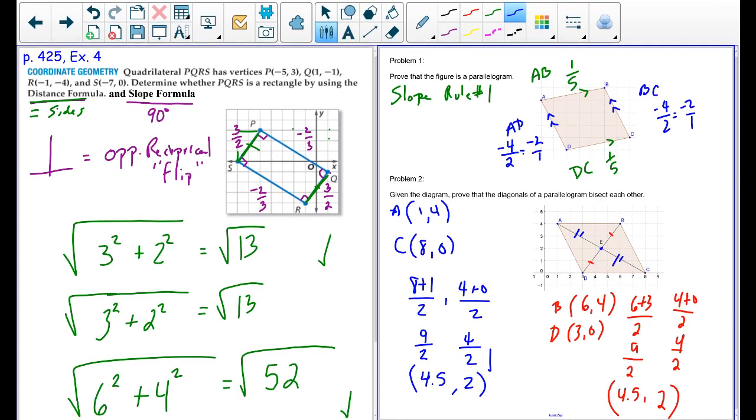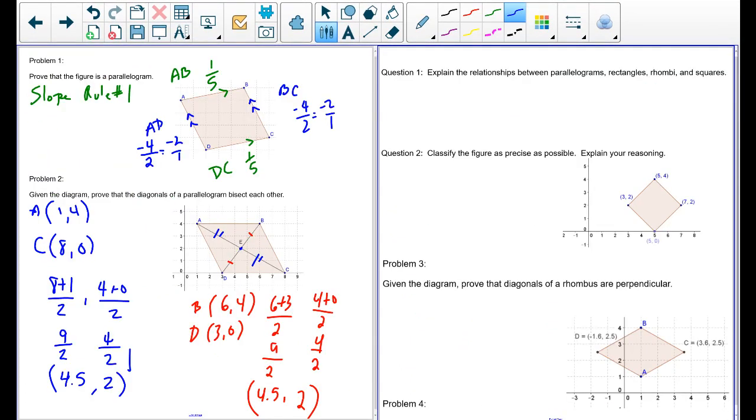All right, questions on that? What's the relationship between parallelograms, rectangles, rhombi, and squares? Okay, all four sides, right? Anything else?